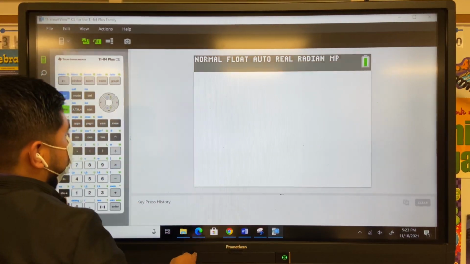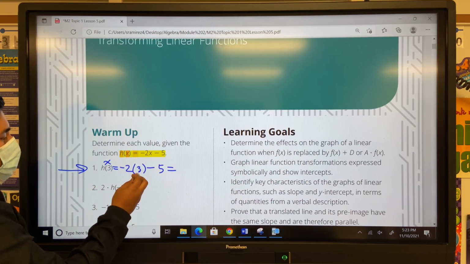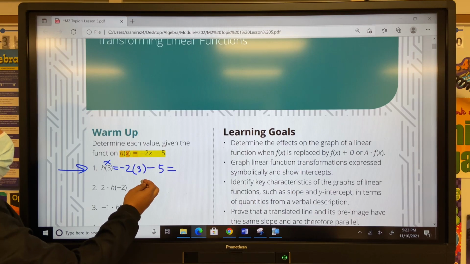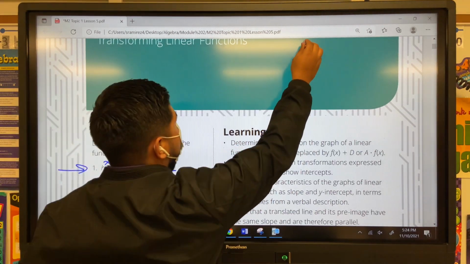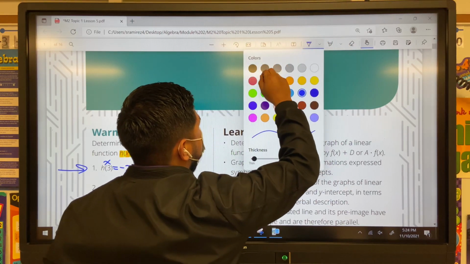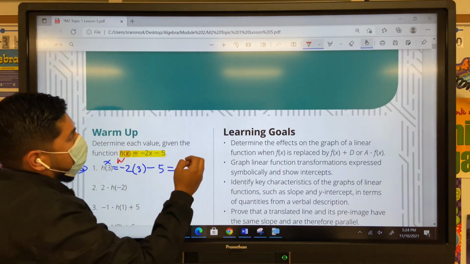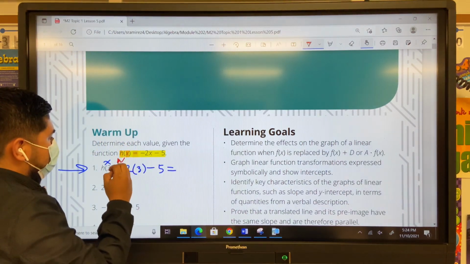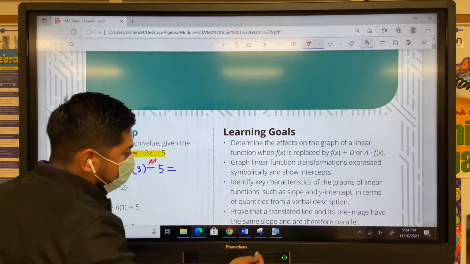All right, going to take this portion, -2 parentheses 3 parentheses -5. Make sure you label correctly. When I read it, I'm reading negative, and that looks like a W. -2 and then -5.